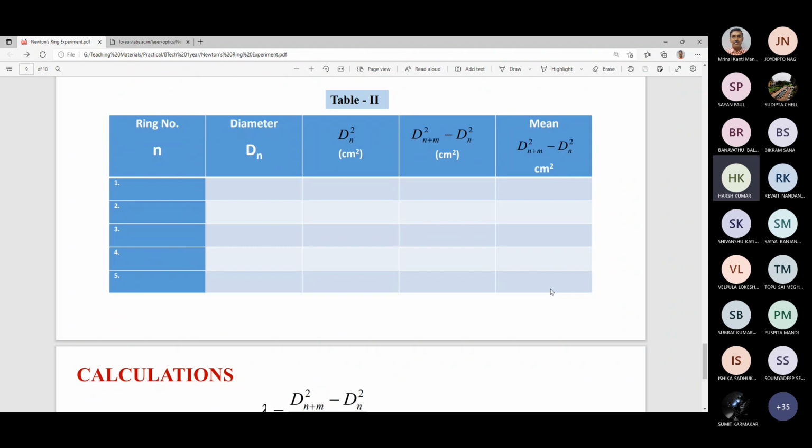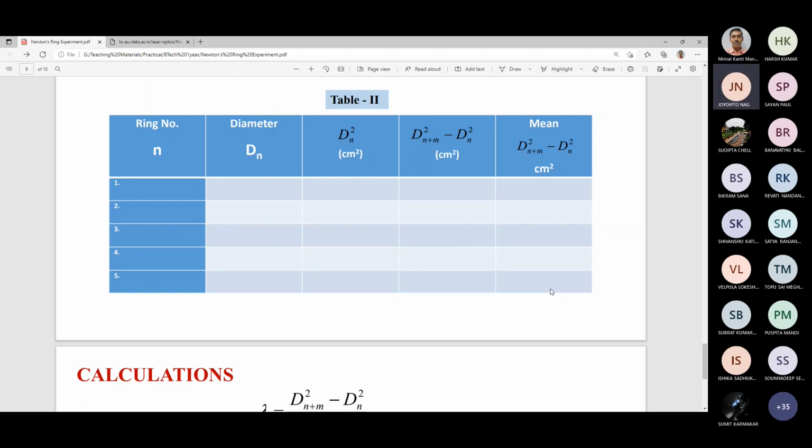Sir, one thing, sir, while noting the reading, the vernier scale line is coinciding with many main scale lines. So, sir, which one to take? It should not coincide with many; you have to take the most coincident one, the one which is coincident almost exactly. That you need to find out.